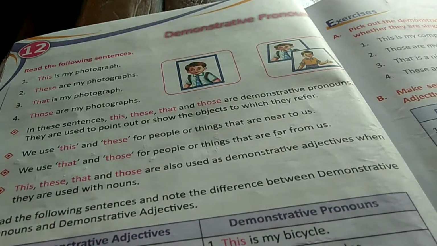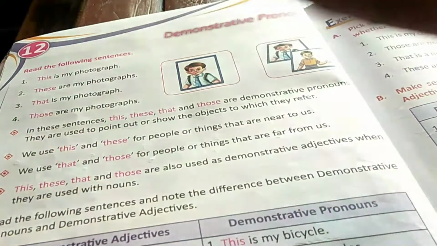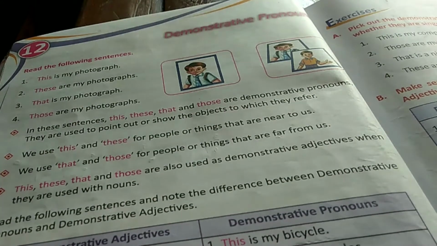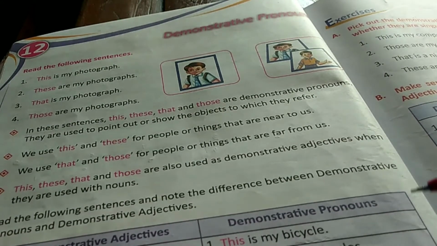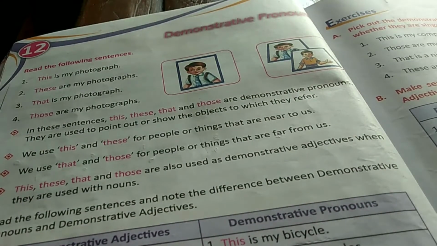Mainly this, these, that, those are called the demonstrative pronouns. And we use this and these for people or things that are near to us, and that and those for people or things that are far from us.